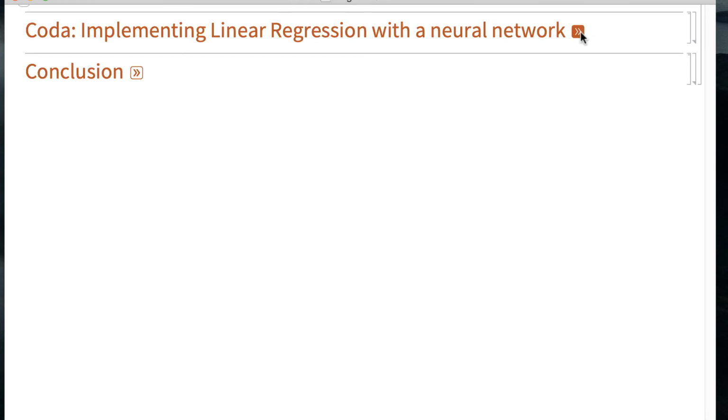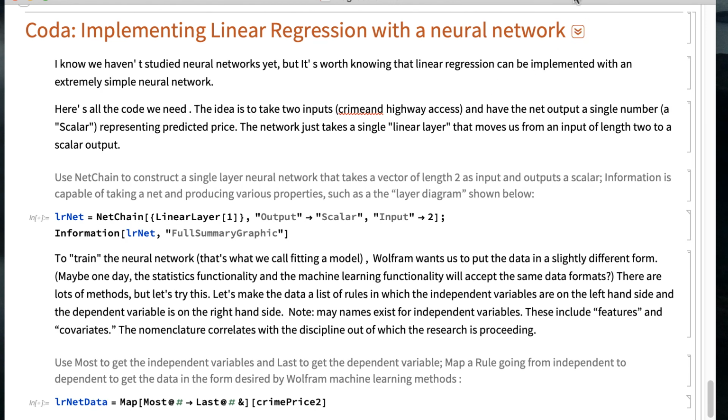In this optional part of the video, I want to discuss how to implement the idea of linear regression with a neural network. So I know we haven't studied neural networks yet, but you're going to get a very beginning idea of it here. So supposing we have two inputs, crime and highway access, as we did earlier in the video, and I want a network to output a single number, a scalar, that represents the predicted price. So it's going to be a very simple network.